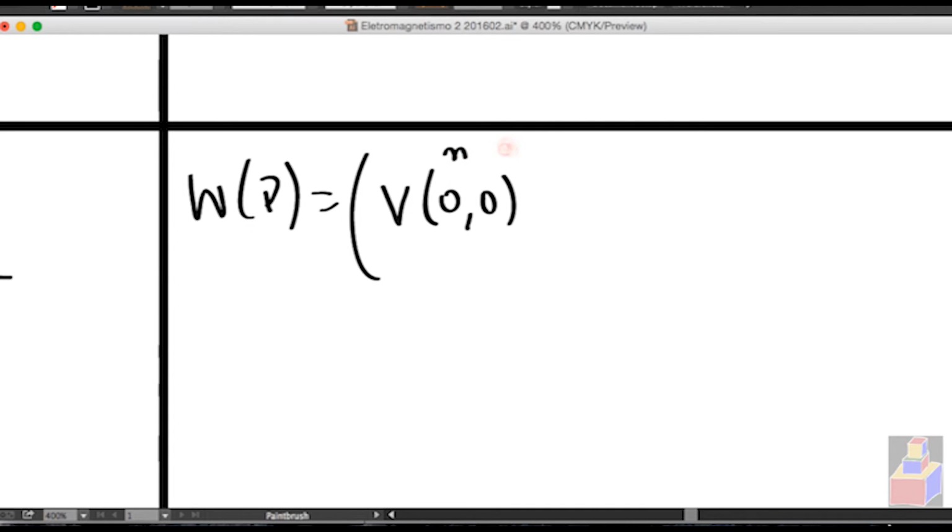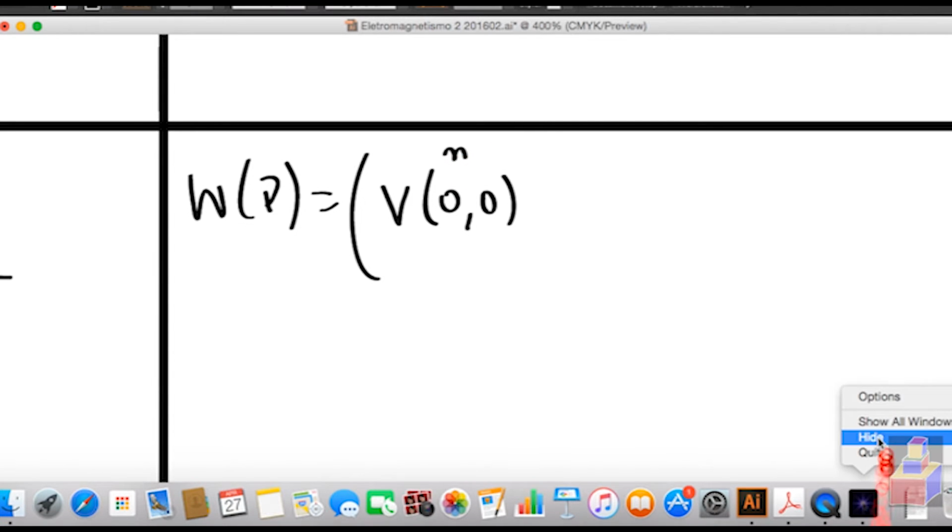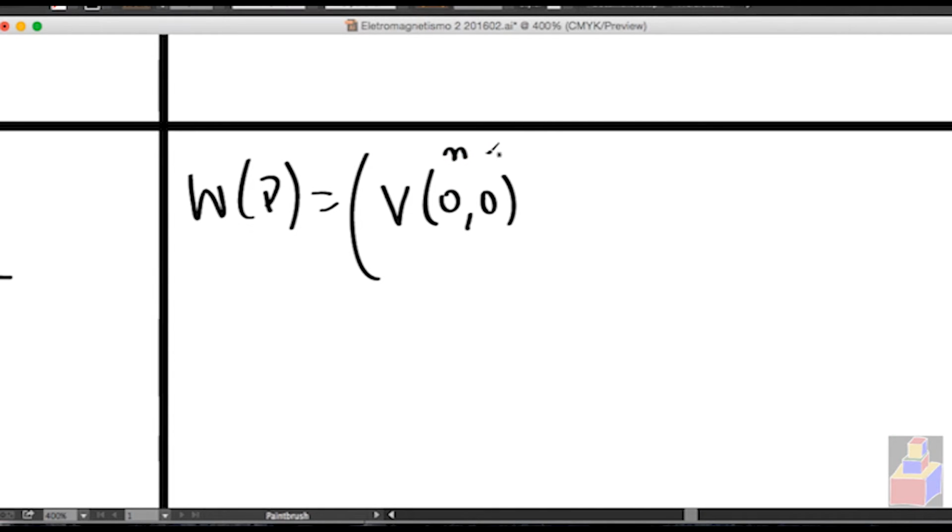The second index is the index K, which is the point along the line: first point, second point, third point. The first point is index 0. So you have V for charge 0, 1, etc.